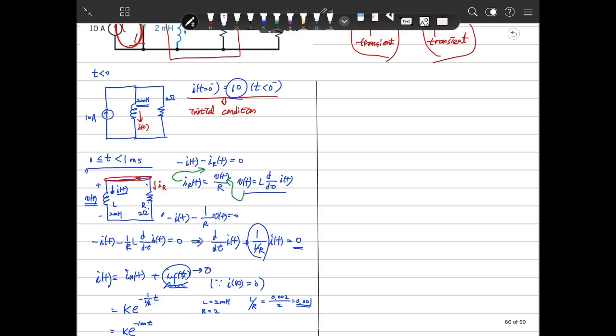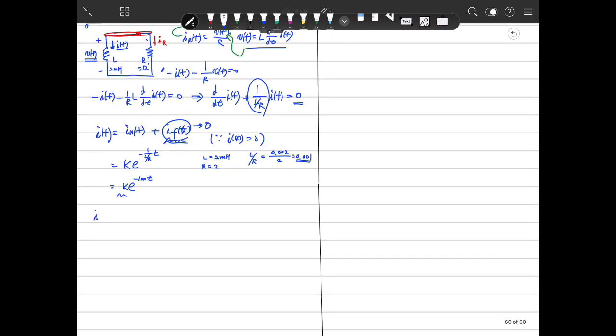What is the initial condition here? 10 ampere. So we insert t equals 0 minus, and K will be 10. Therefore iL(t) will be 10 e to the minus 1000 t. That is valid when this is 0 to 0.001 second.